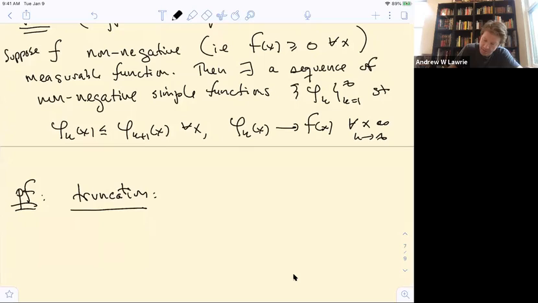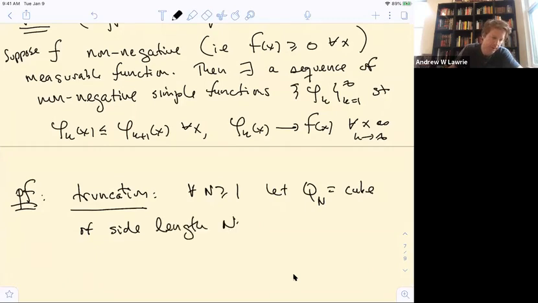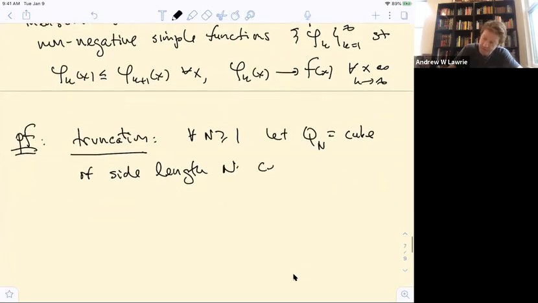For every n bigger than or equal to 1, let Q_n equal the cube of side length n, centered at x equals 0.